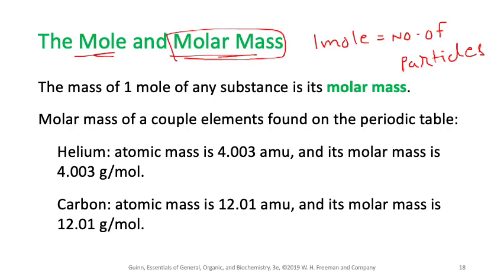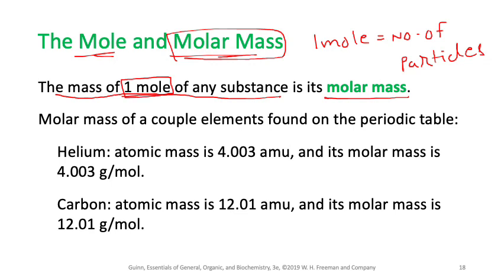So first we're going to talk about what molar mass is, and then how the mole is related to the molar mass, right? The molar mass is the mass of 1 mole of any substance. That means if I have 1 mole of any substance, the mass of that substance we call the molar mass. And the important thing is the mass of 1 mole, right?